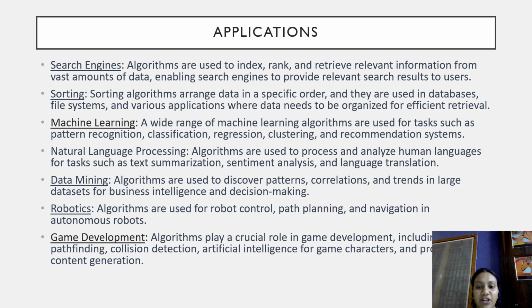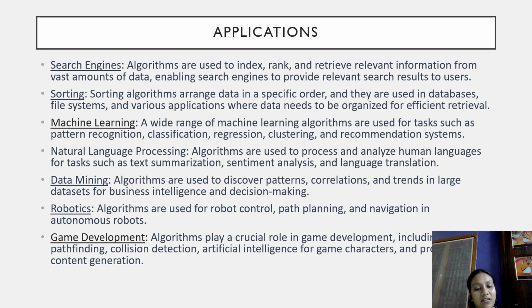Machine learning. A wide range of machine learning algorithms are used for tasks such as pattern recognition, classification, regression, clustering, and recommendation systems. Natural language processing. Algorithms are used to process and analyze human languages for tasks such as text summarization, sentiment analysis, and language translation.